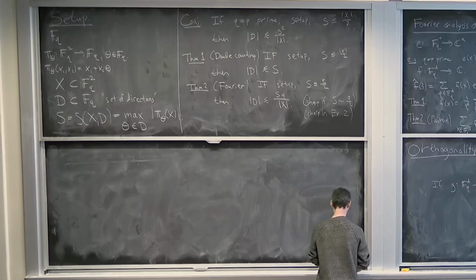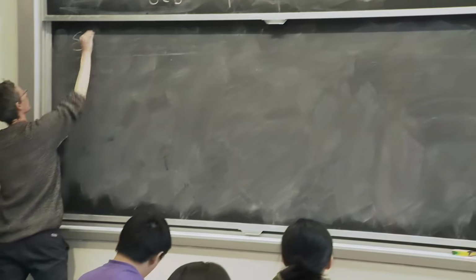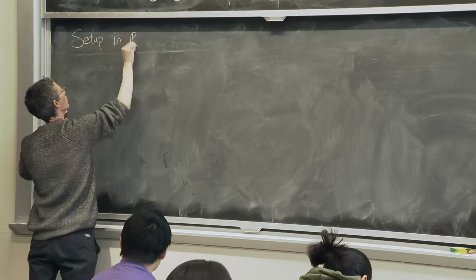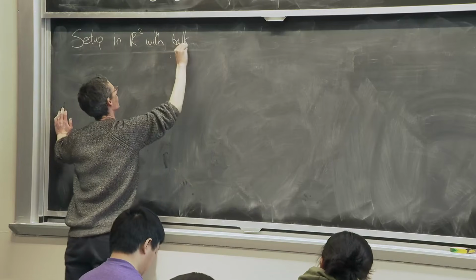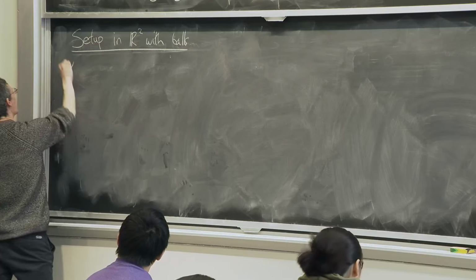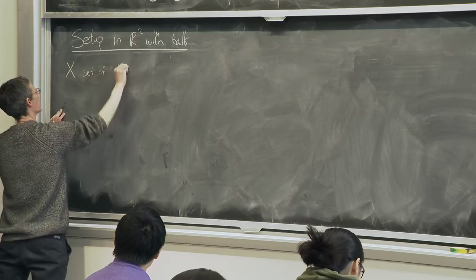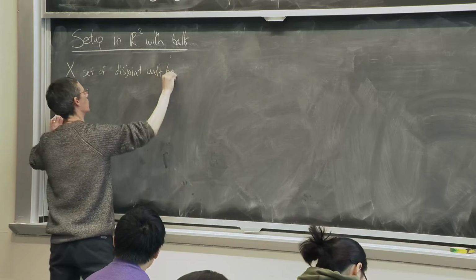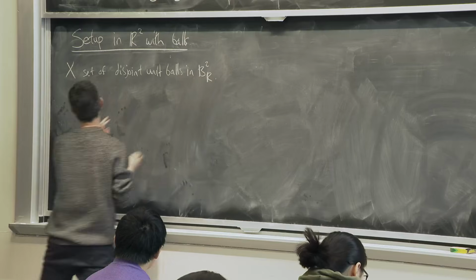All right. So let's do a setup with balls. Setup in R2 with balls. All right. So our set X is going to be a set of disjoint unit balls in a large ball B2R.